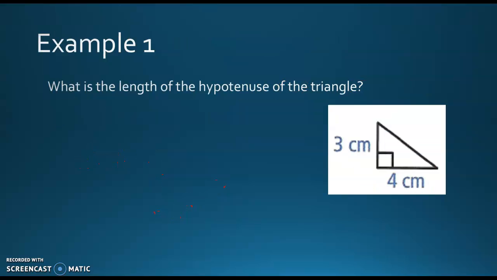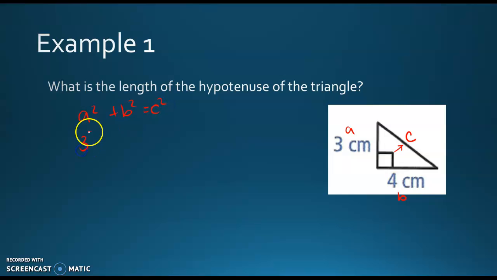All right, so what is the length of the hypotenuse of this triangle? So here's my right angle, so I'm going to go across, so that's going to be my C. It doesn't matter what you call these, A or B, because we're adding them, and addition can happen in any order. So we're doing a squared plus b squared equals c squared.